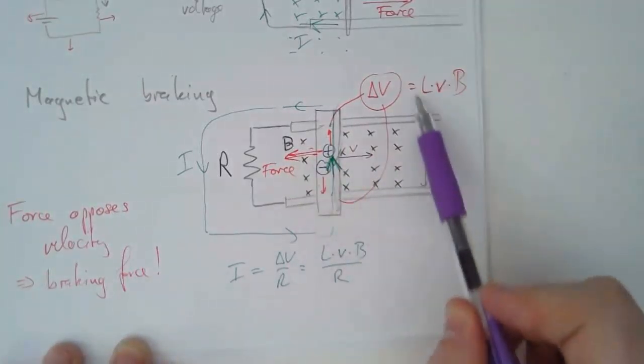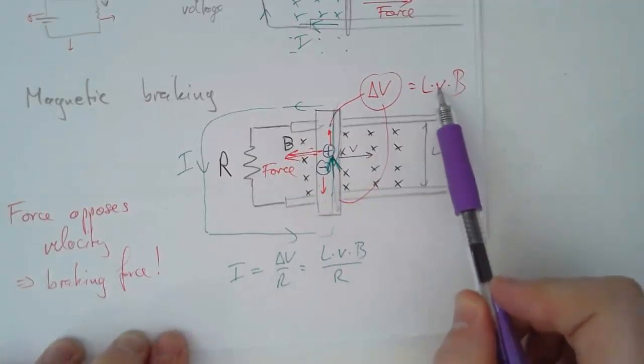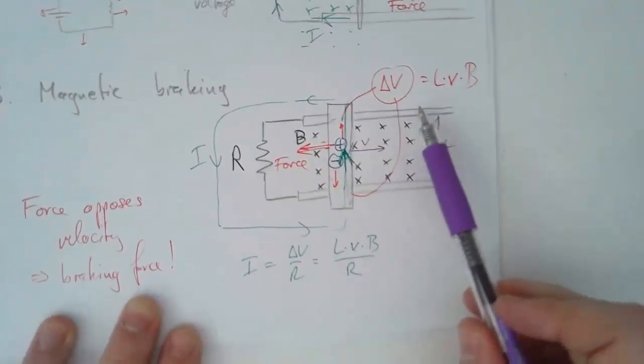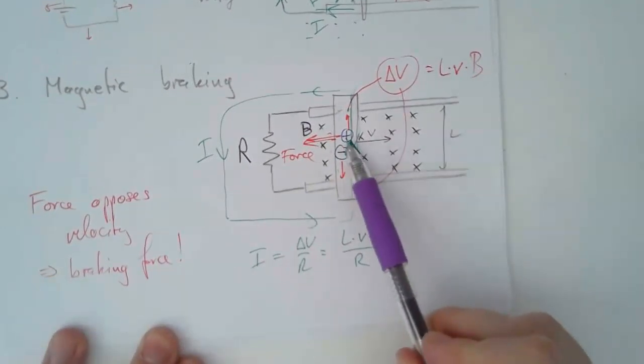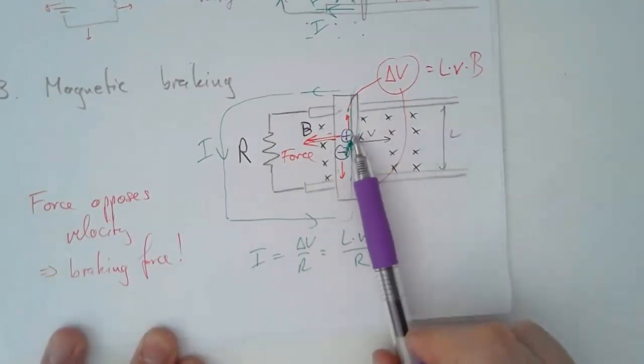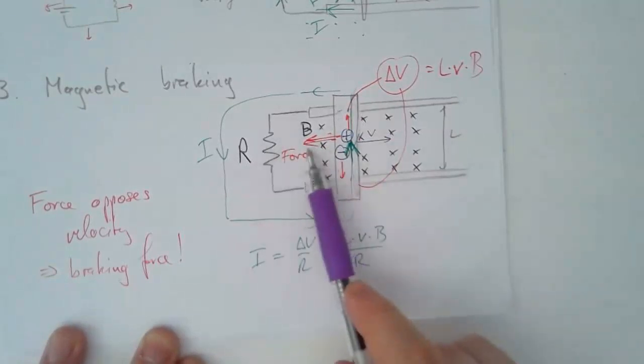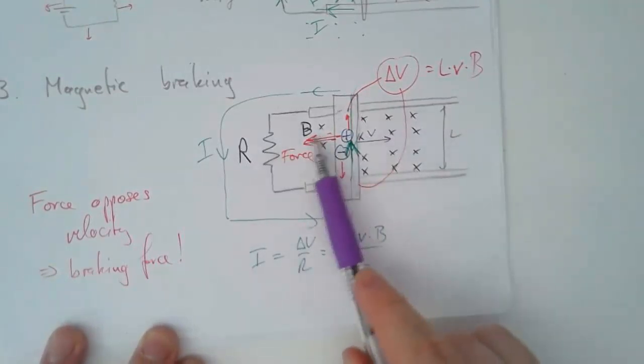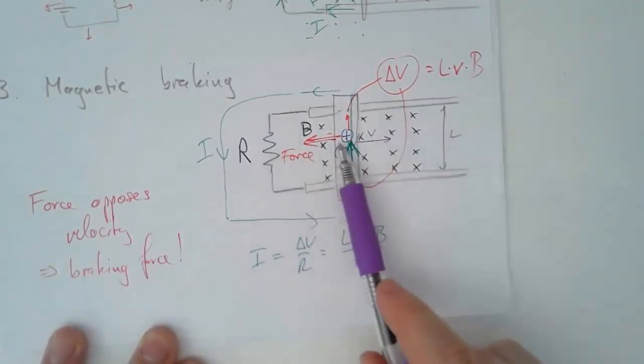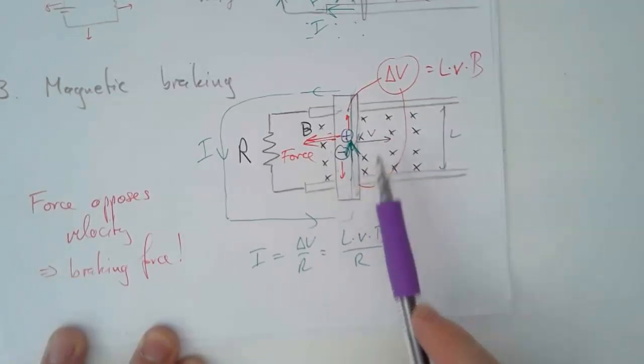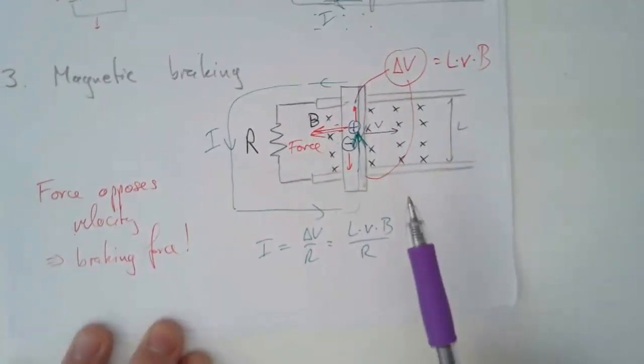The faster you go, the bigger the force, right? QVB. So the bigger the current, the bigger the braking force, but as you slow down, the force becomes weaker. So you start slowing down fast, and then your rate of deceleration becomes less.